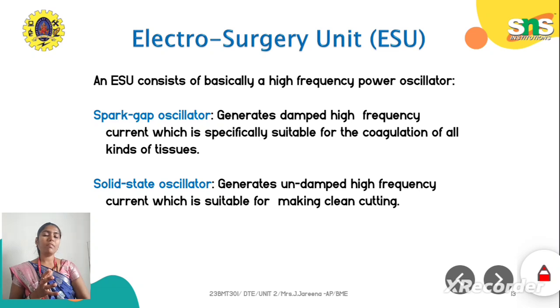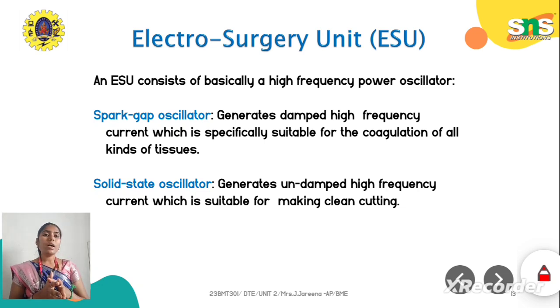At one point it will settle down. That is the example of damped high frequency. Similarly, this particular frequency initially has a very high amplitude, and slowly the amplitude deteriorates at one point. That is called a spark gap oscillator, and it is used for coagulation purposes.